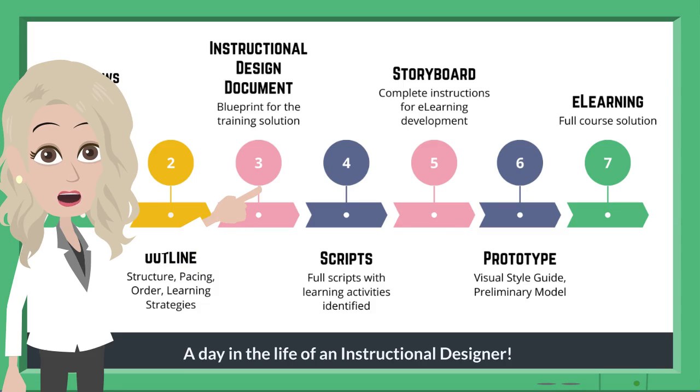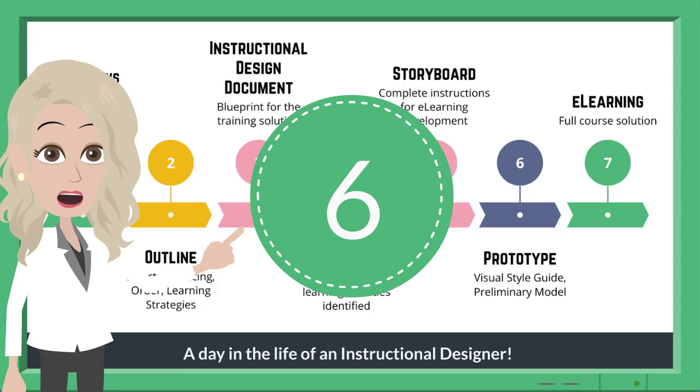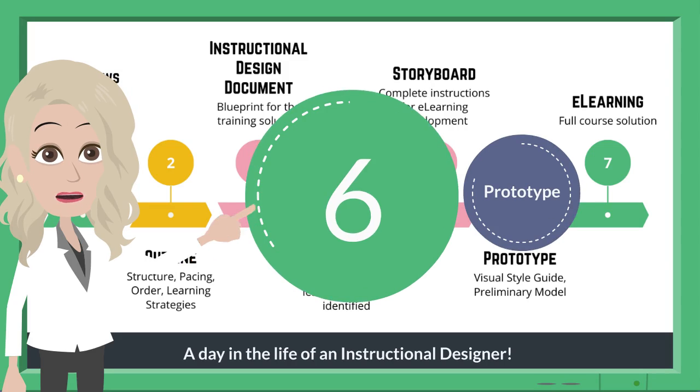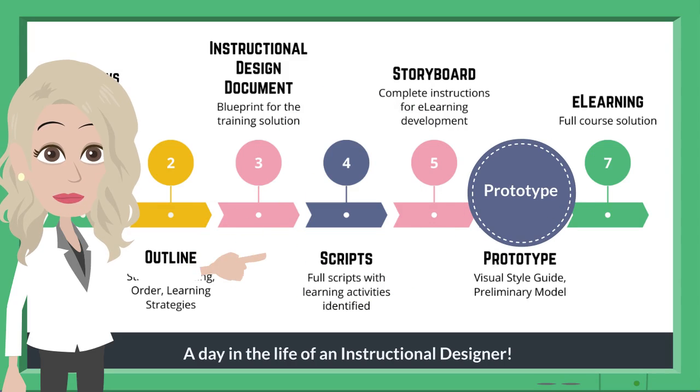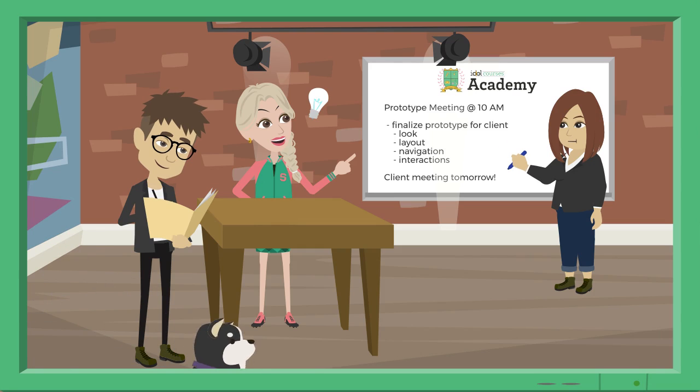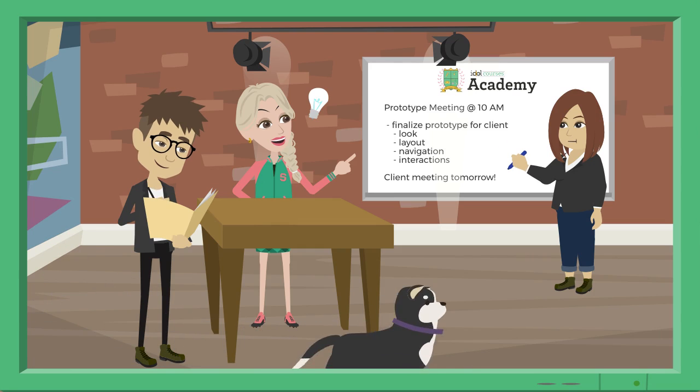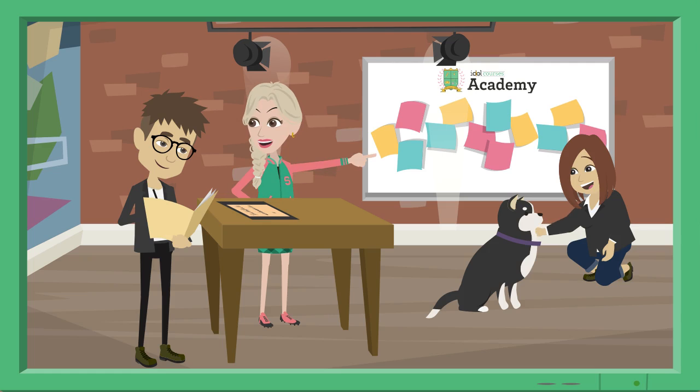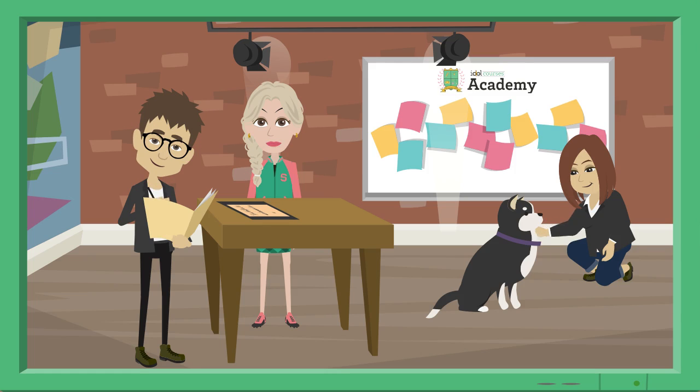From the storyboard, you create a visual guide, which we call a prototype or a preliminary model. The prototype is where the design team translates their ideas from paper and text to a digital format. There are different types of fidelity prototypes. In reality, a low-fidelity prototype could be as simple as ideas and sketches on sticky notes.